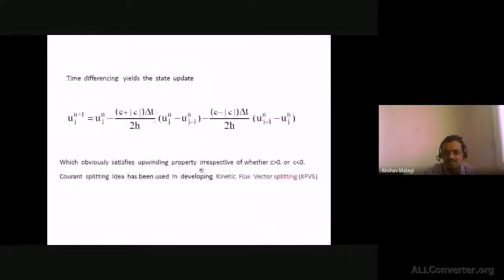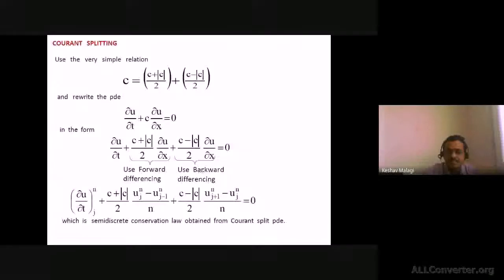This is forward difference because velocity is negative. Negative is coming from right to left, so you have to use the points on the right, that is u_(j+1). So you write like that, and the numerical scheme you obtain will properly respect the direction, because this will become 0 if velocity is negative, and this will become 0 if velocity is positive.